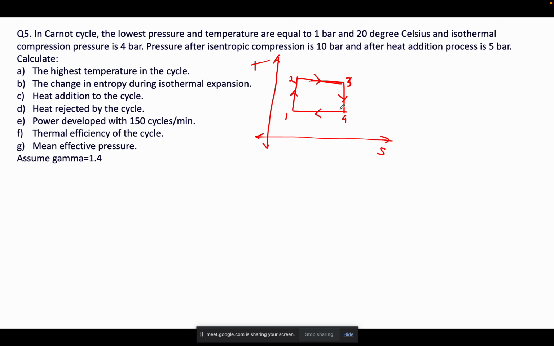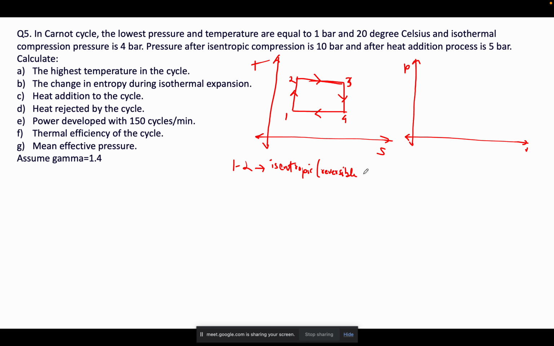Okay, if you want to see this in the PV diagram, in PV. Before that, let me show you what is 1 to 2 basically. So 1 to 2 is your isentropic, and I think you know by this time isentropic means reversible adiabatic.